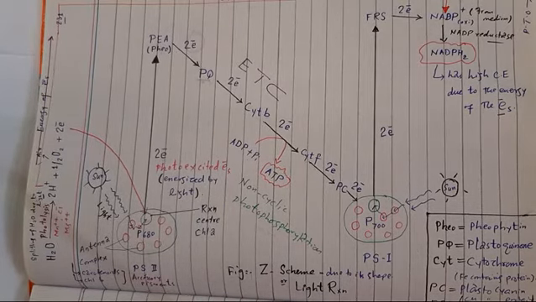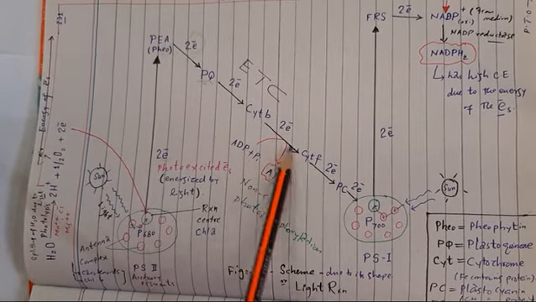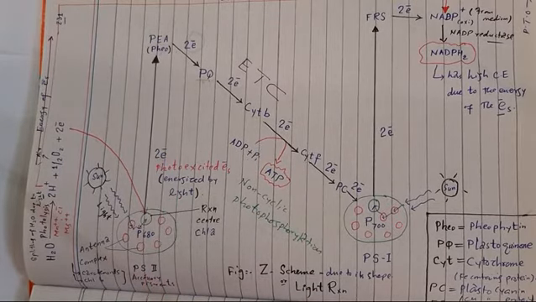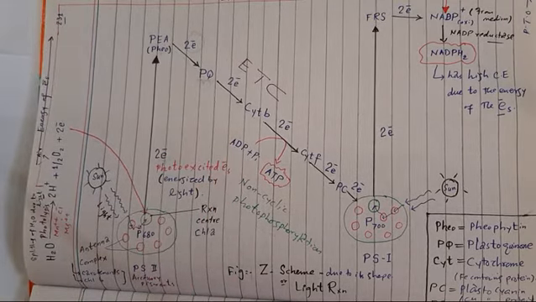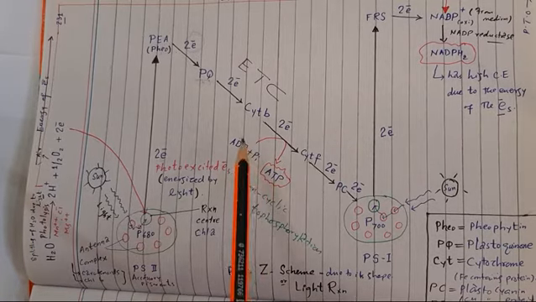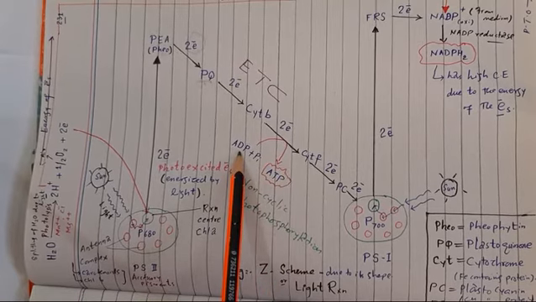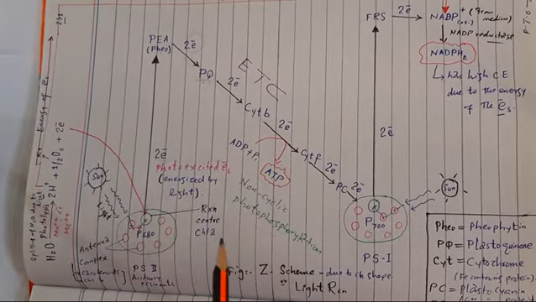When electrons are passed through the electron transport chain, they lose energy. This lost energy is used in making ATP from ADP and inorganic phosphate using the energy of sunlight.